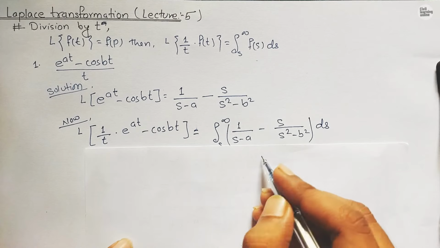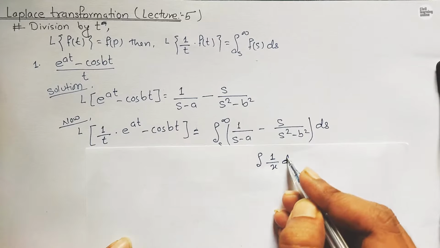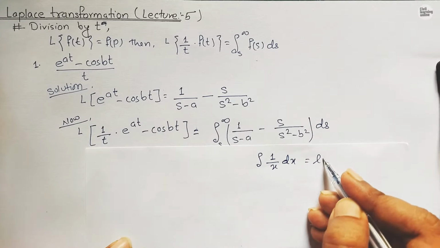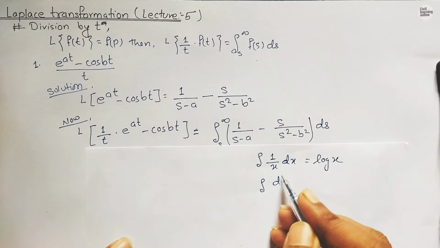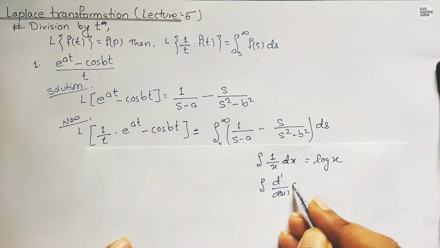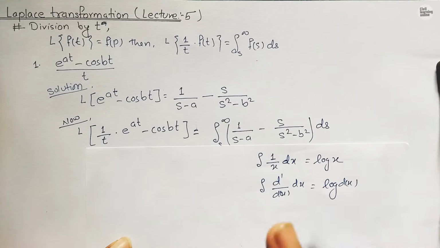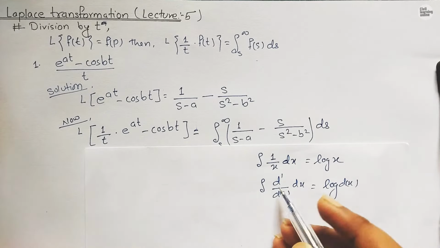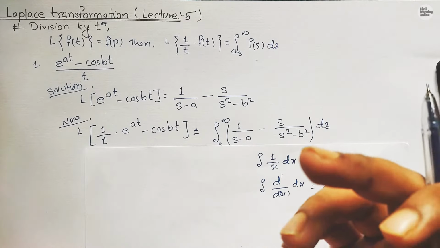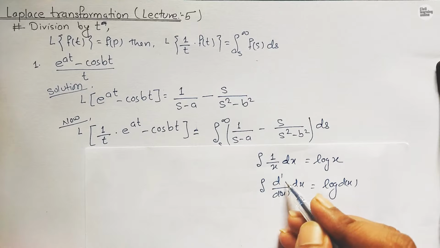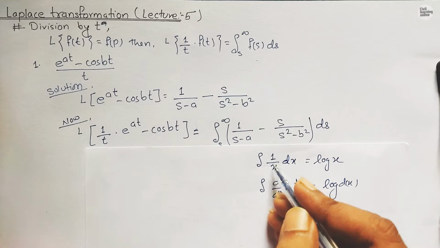Now see guys, we know that the integration of 1 upon x with respect to x is log x. Whenever we are asked to find the integration of a term in fractional form, and its numerator is the derivative of its denominator, the integration will be the log of that function.